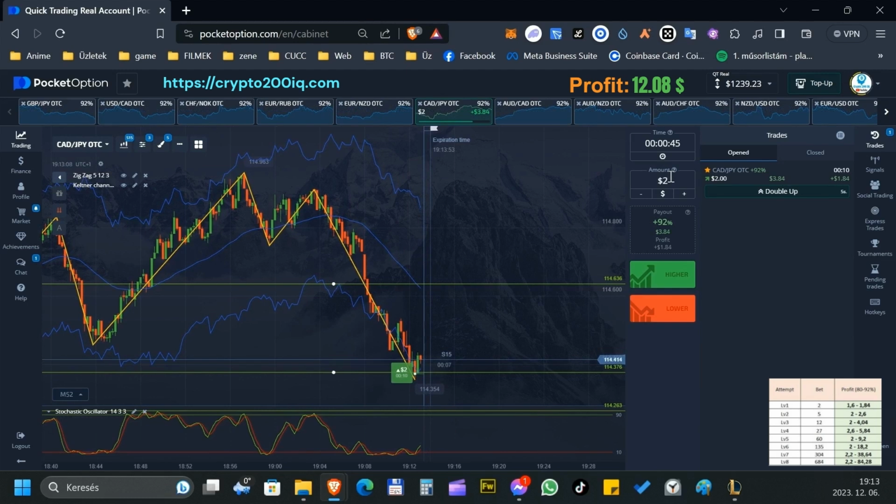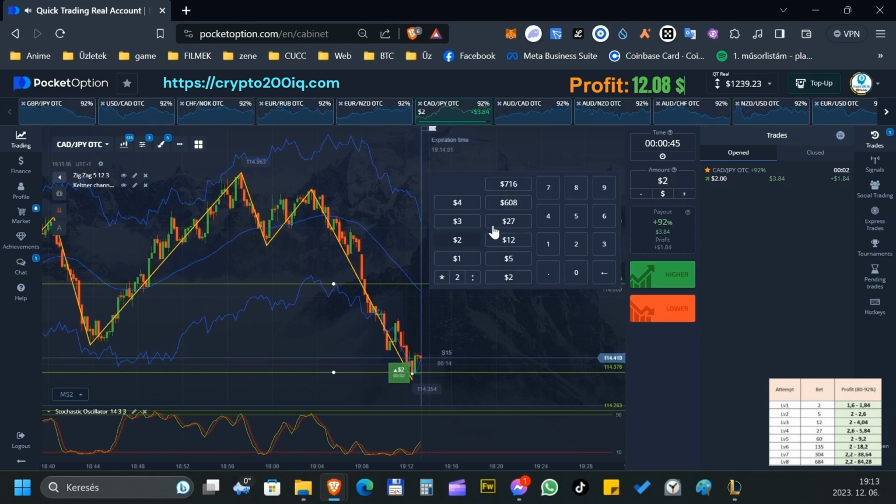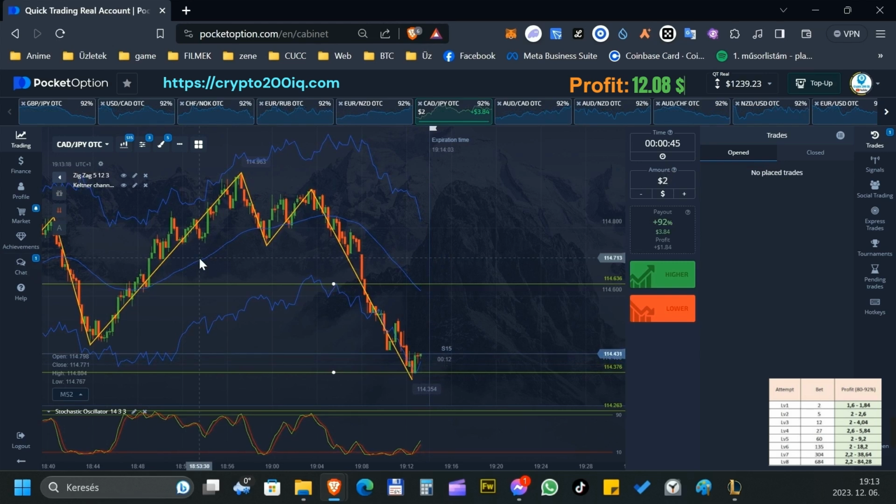If our zigzag indicator doesn't break at the winning position but continues downward, we can take advantage of it to continue trading. And we won again.